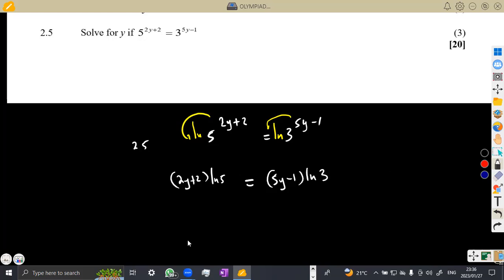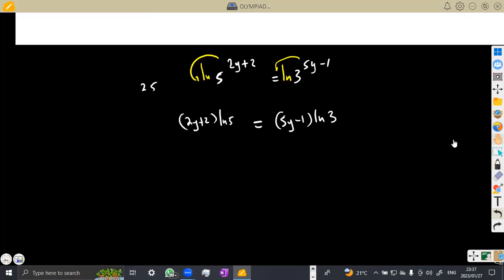Since we are solving for y, you can expand the brackets, or you can find the value of ln 5 and ln 3 and work with them. But for me, it's best to keep the logarithms as they are.